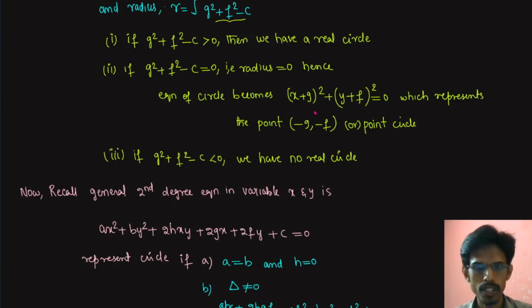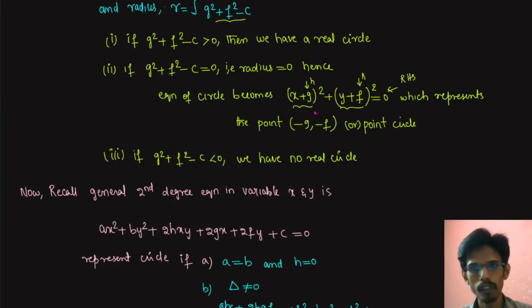Here this is the x minus h whole square plus y minus k whole square form. Putting h and k values here, that will be minus g, minus f. So this represents a point, because if the right hand side is 0, then x plus g whole square and y plus f whole square must be 0.